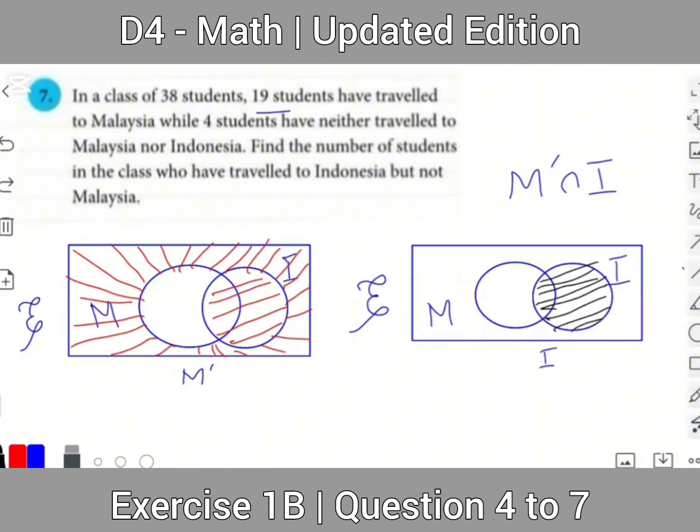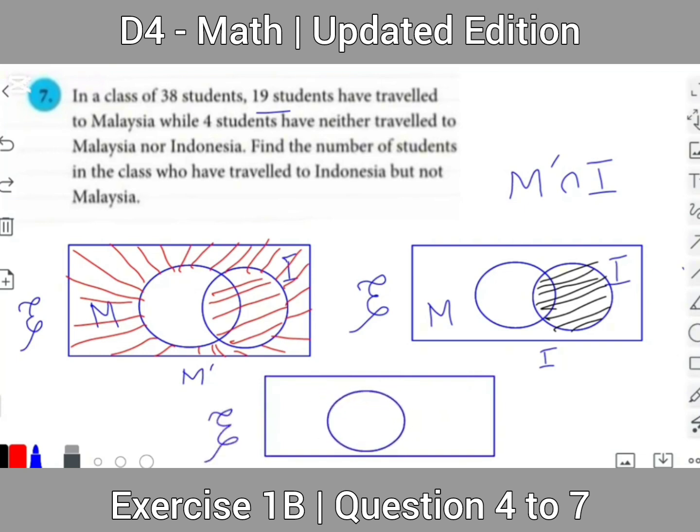Now in the third Venn diagram, we will again draw a rectangle to represent the universal set eta. Inside it, we will draw two overlapping circles for the sets M and I respectively.